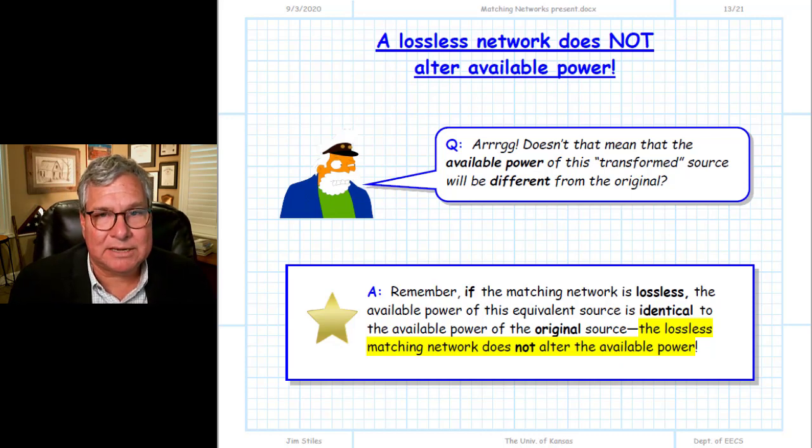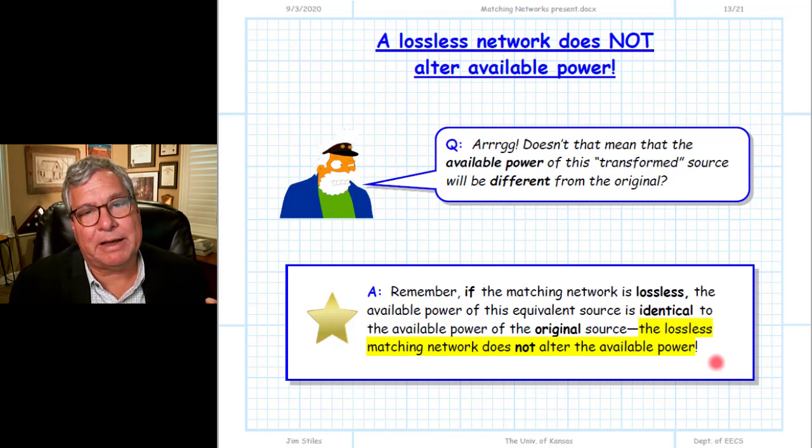And we know in this case, and again, this is very important, in a lossless two-port network, even though it will transform both VG and ZG to new values, Vout and Zout, it will not alter the available power of that source. The available power of that source is an invariant under transformation with respect to a lossless two-port device.